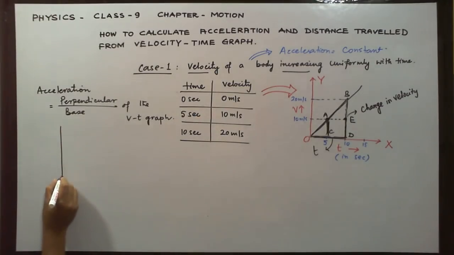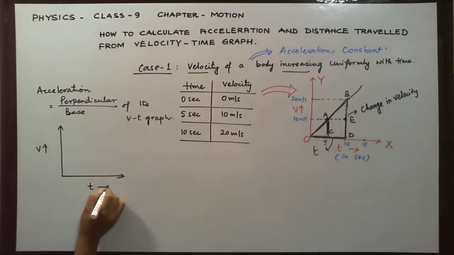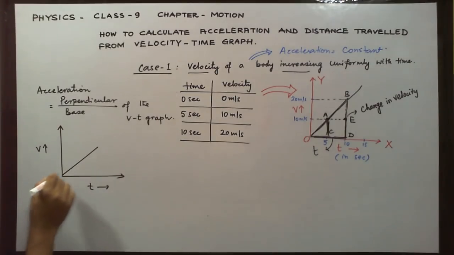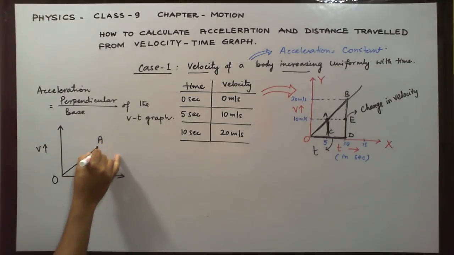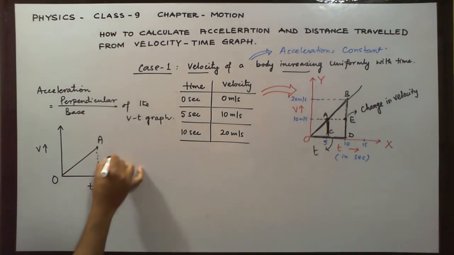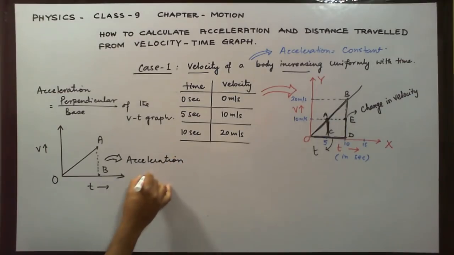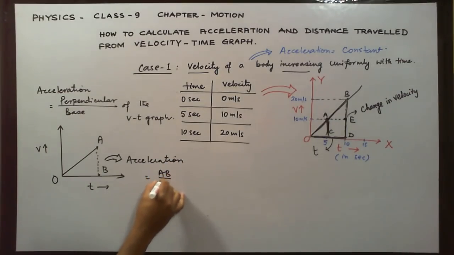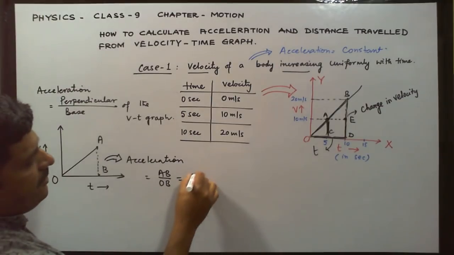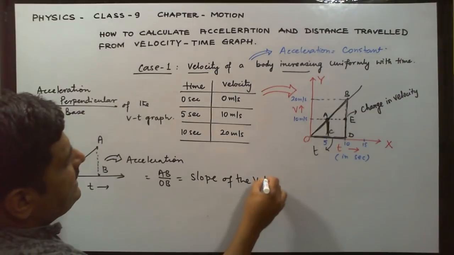If it is a general graph this way, we have got velocity, we have got time, this is the graph. How to find out the acceleration? Let us say this is O, this is point A. Drop a perpendicular, let us say this is point B. So from here we get acceleration is equal to AB by OB, and this is nothing but the slope of the VT graph.